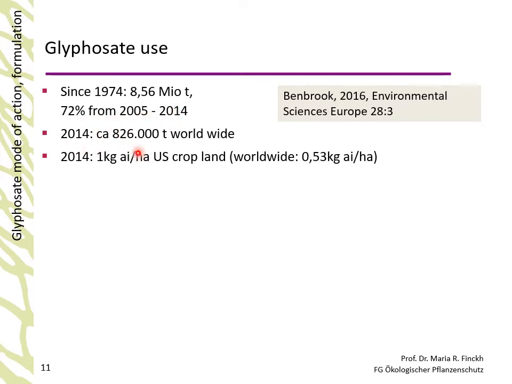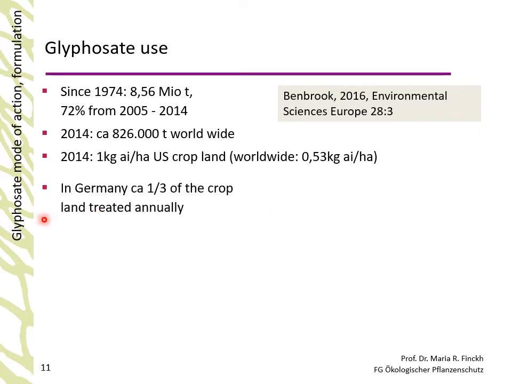In 2014, use was 826,000 tons worldwide, and that was in the US. They used about 1 kilo active ingredient per hectare cropland, which means total cropland. Many parts of the cropland do not receive glyphosate, so where they apply it, they apply more. Worldwide, on average, 0.5 kilo per hectare are applied.